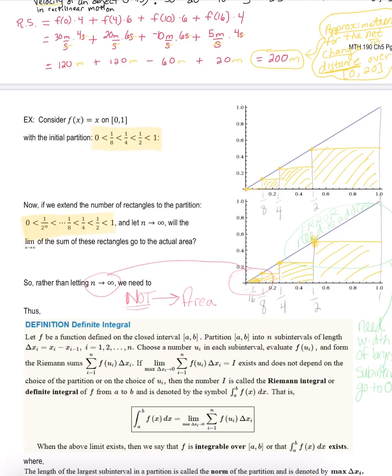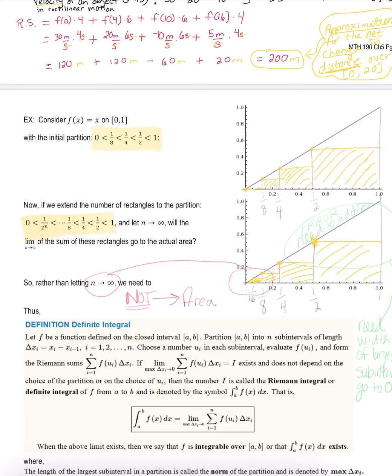To let the width go to 0 when you do equal widths is the same as letting the number go to infinity. With equal widths, as the number goes to infinity, your widths are going to 0. But here we really need to state it that way.